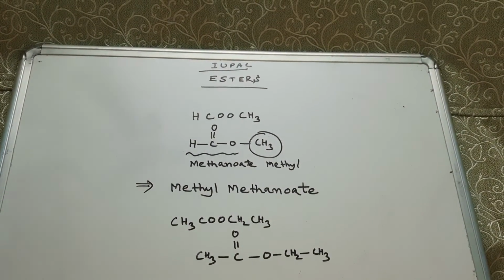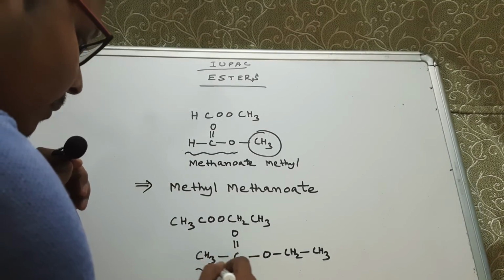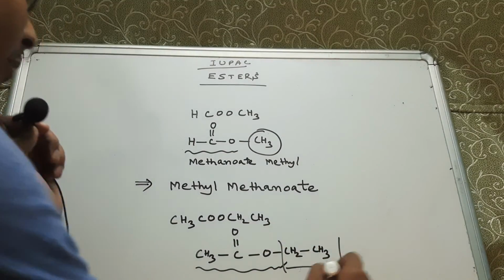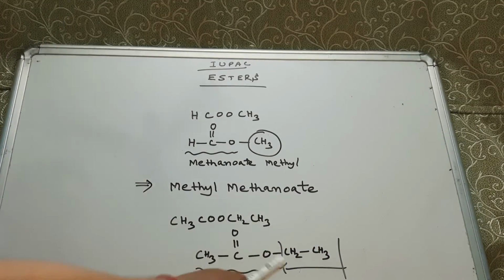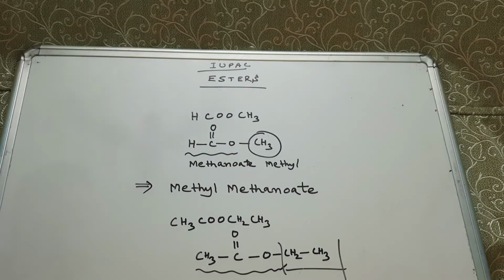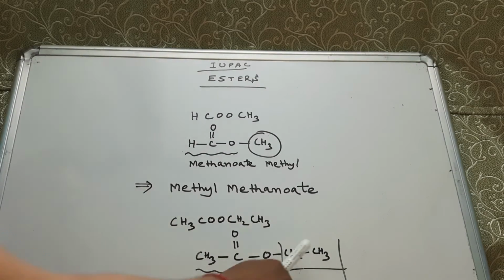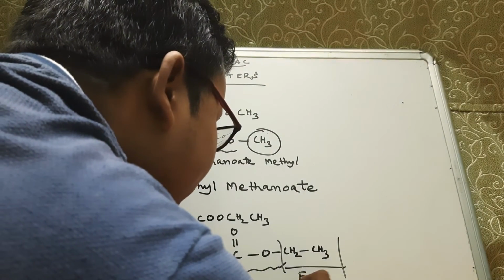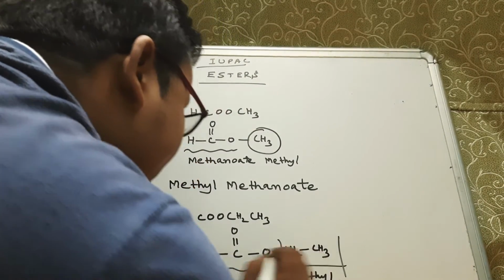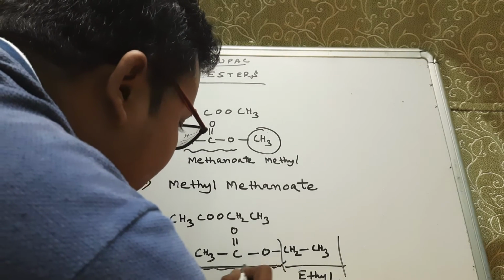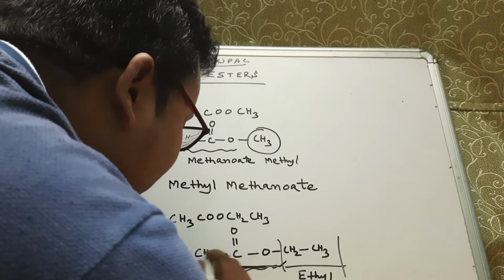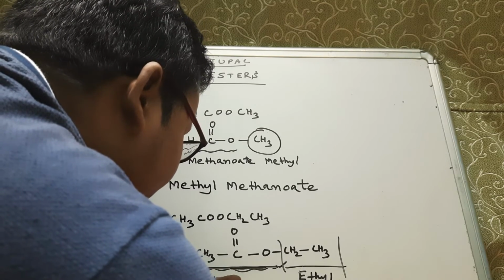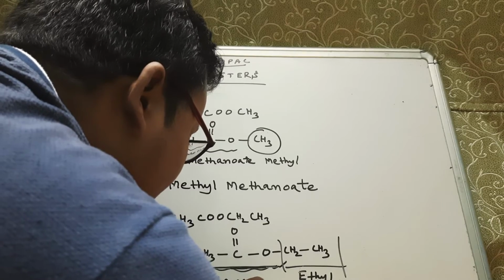Okay. So this part comes from carboxylic acid and that part comes from alcohol. So which part comes from alcohol? This part. So how many carbons are there? There are two carbon atoms. So two carbon atoms means ethyl. So this part is called ethyl. And that part which comes from carboxylic acid consists of two carbon atoms. So this will give ethanoate.